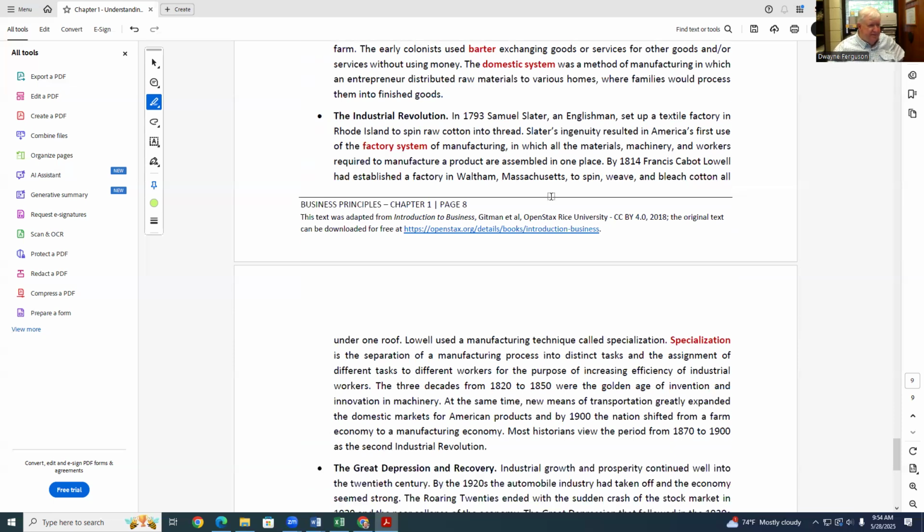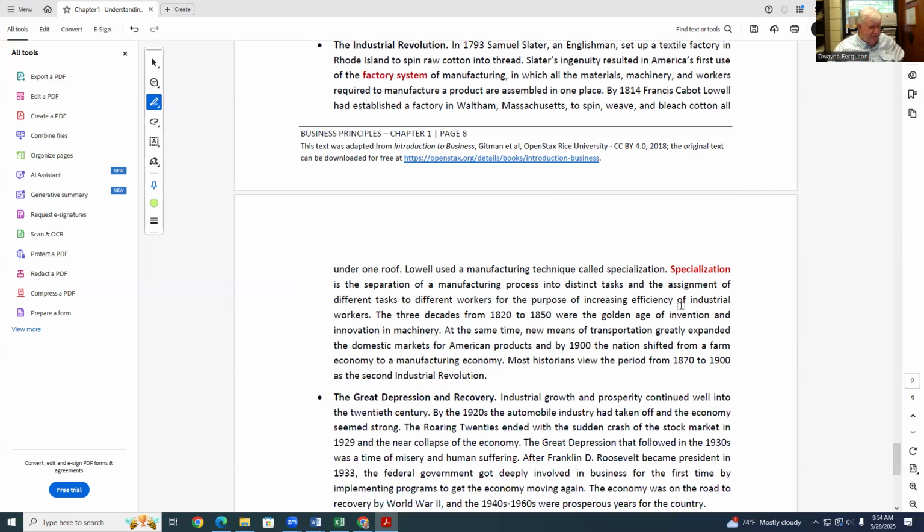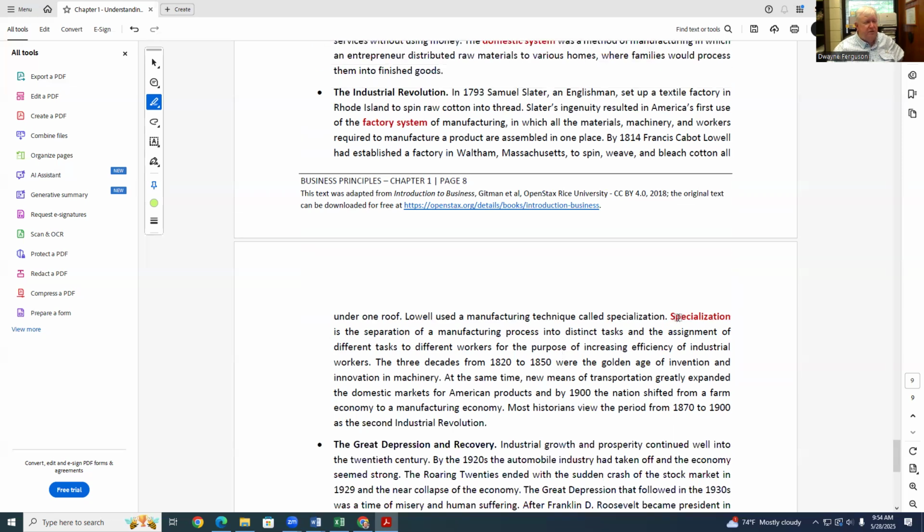So read about that, read about specialization. Of course, if you can teach people to do one particular task instead of having them go from task to task to task, if you had to build a car by yourself and you had to put on each piece and make sure it worked, you'd be there forever.